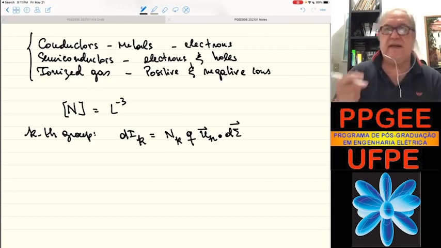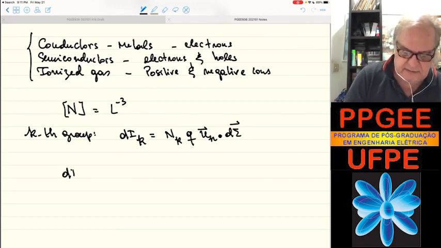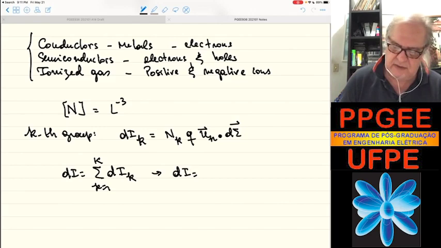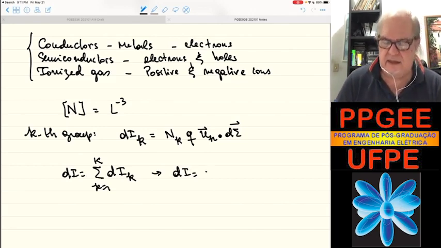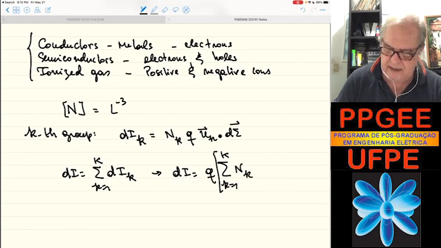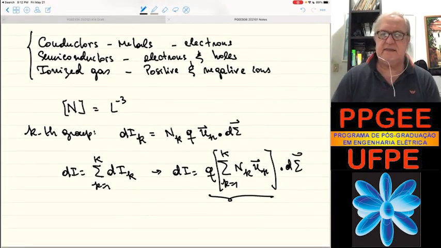So then to calculate the total current, you just sum. That's what we do. Then you have dI equals q factored out, summation of nk uk dot delta sigma, right?